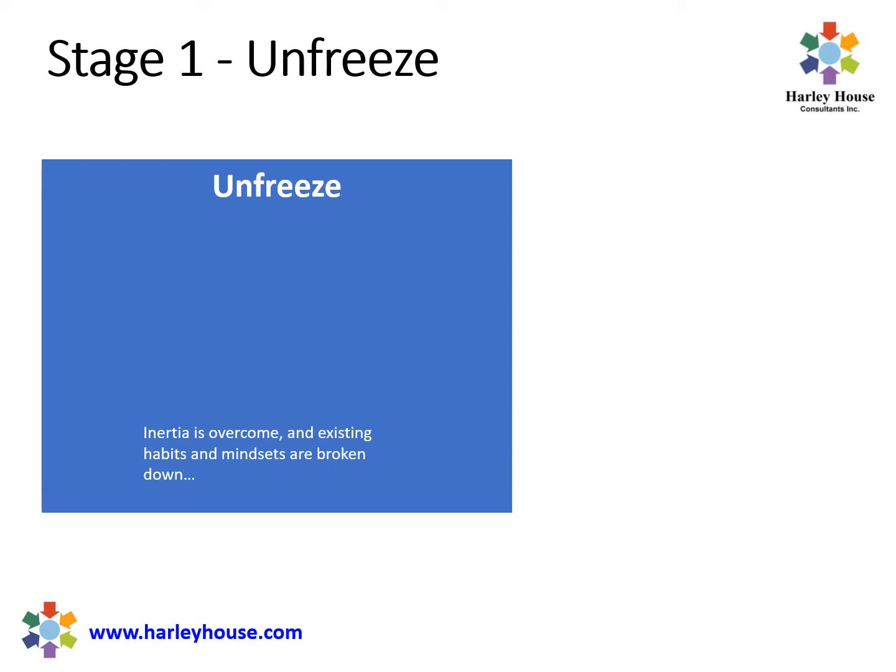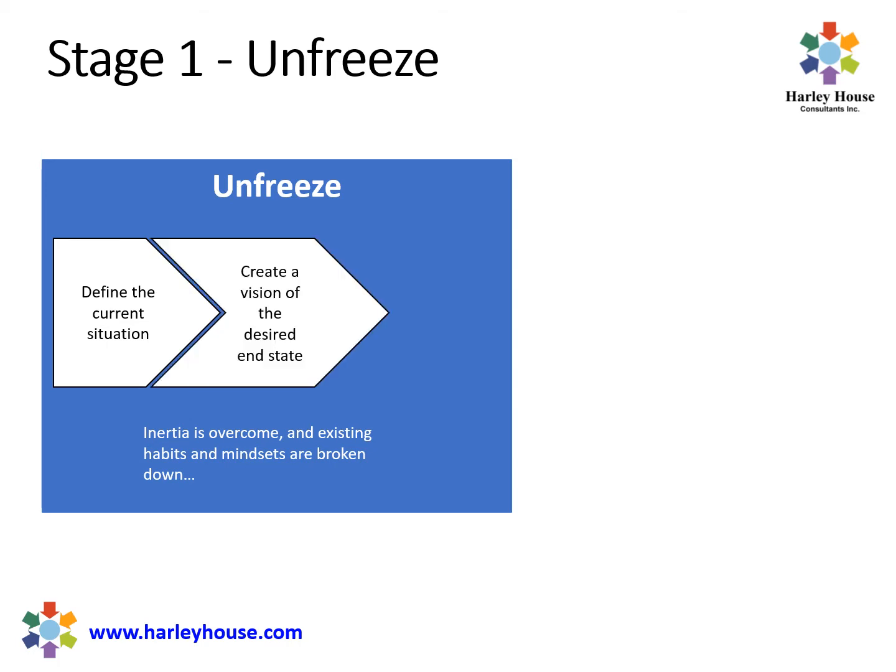Stage 1 of Mr. Lewin's model recognizes that the collective mindsets and practices of a group must be broken down before change can occur. During the unfreeze stage, the organization must clearly define the current situation. And the more collaborative this process can be, the more effective it is. 2, create a vision of the desired end state.